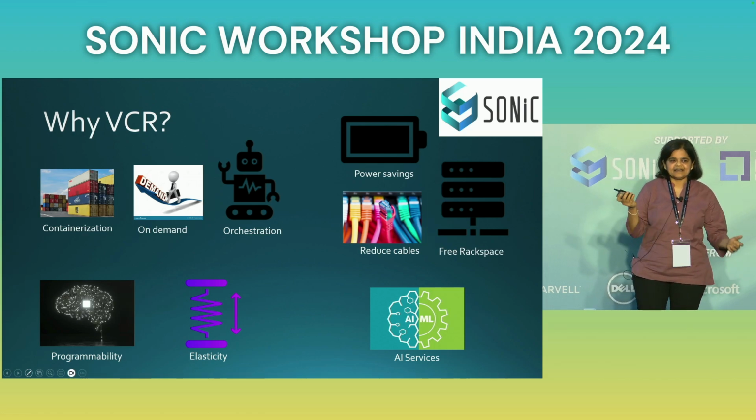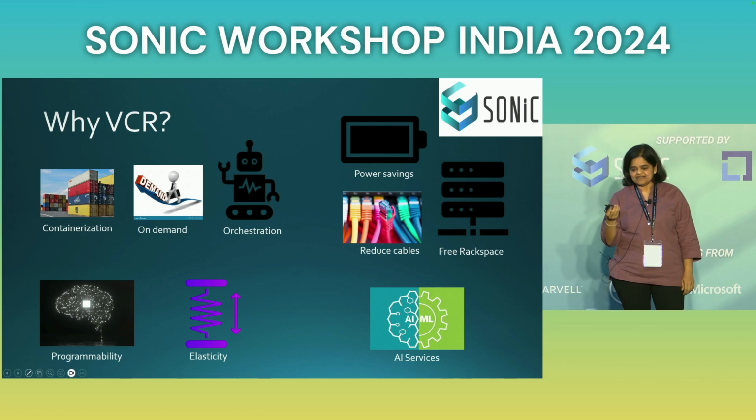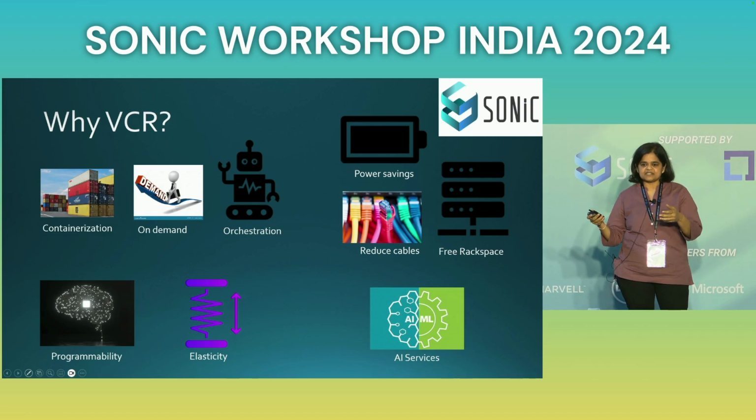Lastly, AI services, the popular topic here. We can say AI and cloud are symbiotic. They have a symbiotic relationship, wherein AI can use the cloud's infrastructure, and the cloud can make use of AI services for intelligent deployment and automation.